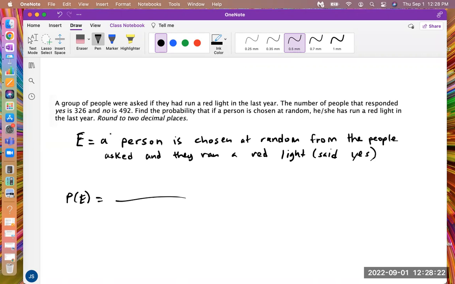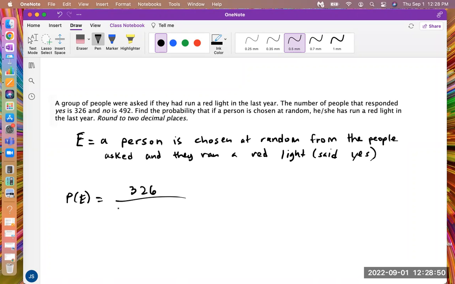So I ask myself, how many ways could we be successful? By successful I mean how we get what we want, and that is through choosing a person who ran a red light. So there are 326 people who ran a red light, so there's 326 different ways that I could pick a person that ran a red light, right?